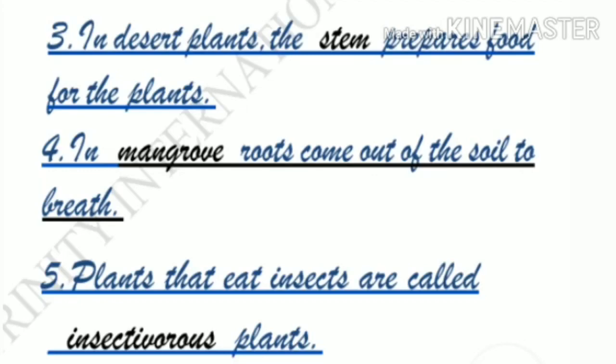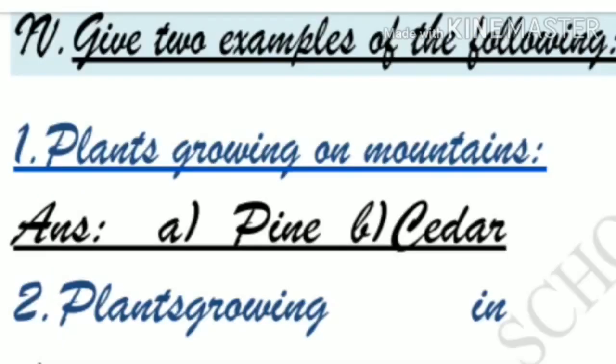Plants that eat insects are called dash plants. Answer: insectivorous. Plants that eat insects are called insectivorous plants.